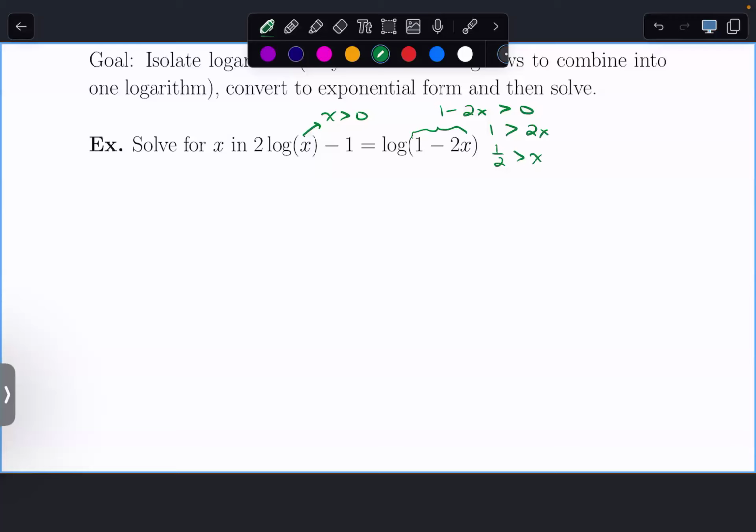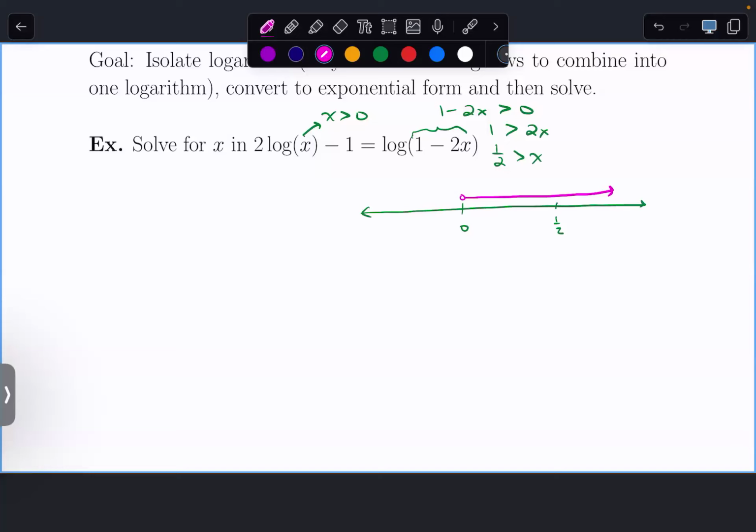Which means that the only values of x that I could possibly have is when x is greater than 0. So on a number line, I like to map it out. We have 0 and we have 1/2. So x has to be greater than, but not equal to 0.